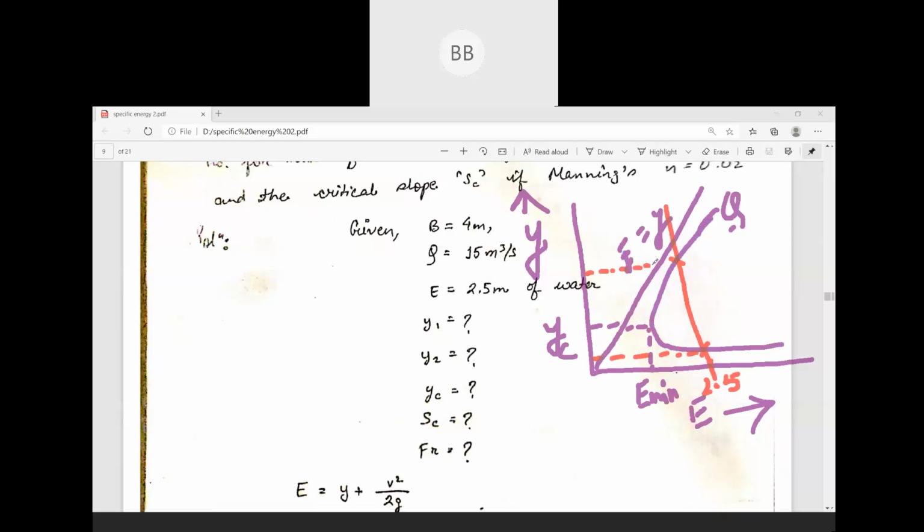So these two depth are called alternate depth. One you consider y1, another one you consider y2. So for both the depth, your specific energy is same. So this is called your alternate depth.